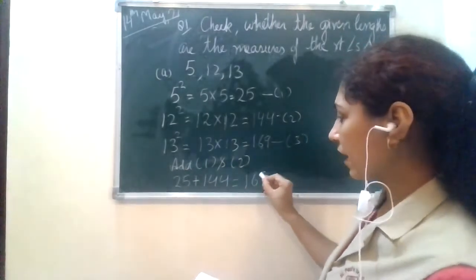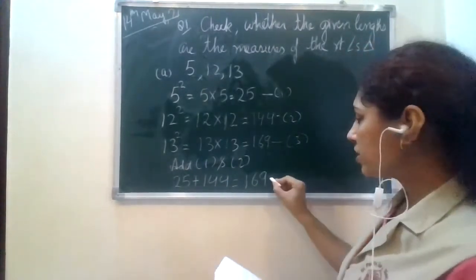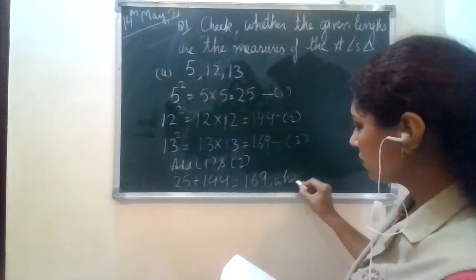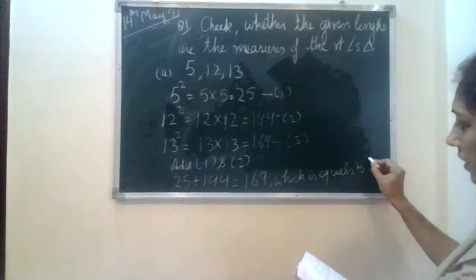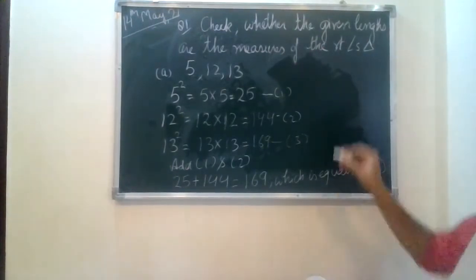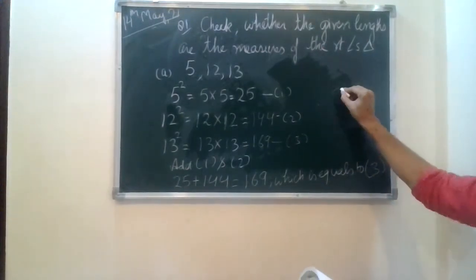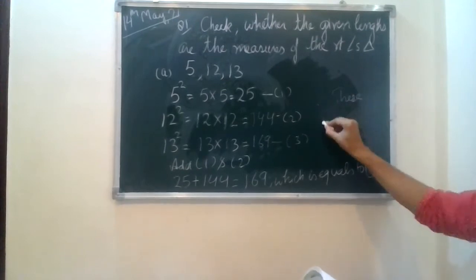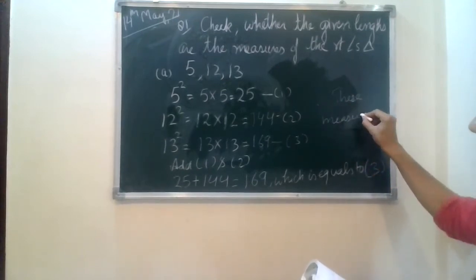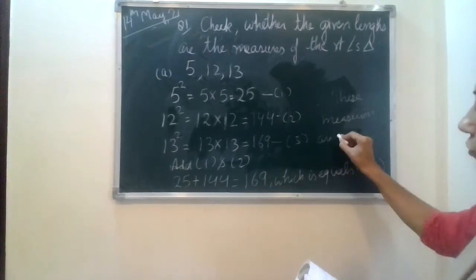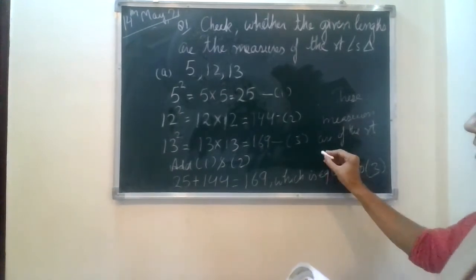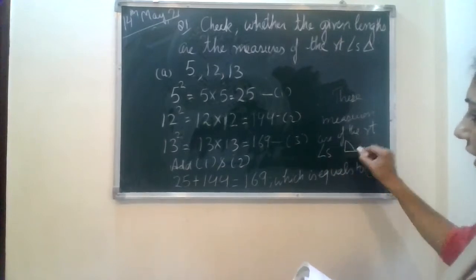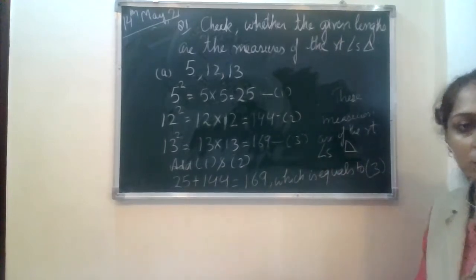It is 169, which is equal to your third result. Therefore, these measures are of the right angle triangle. I'm writing the short form, RT angle triangle.